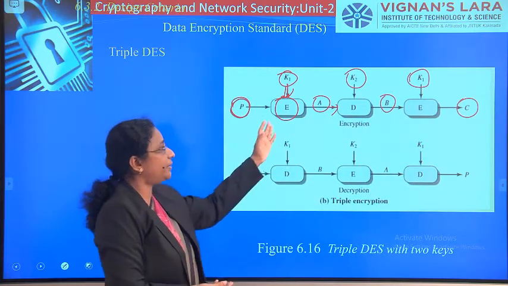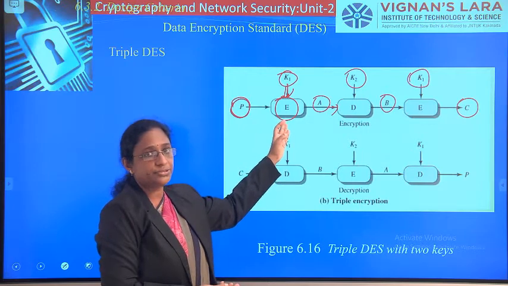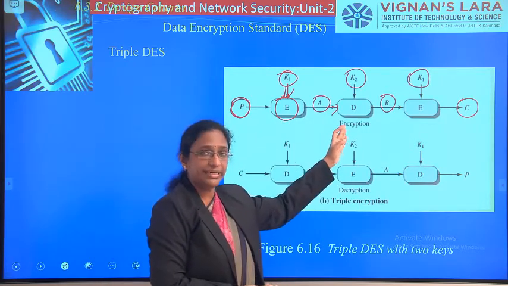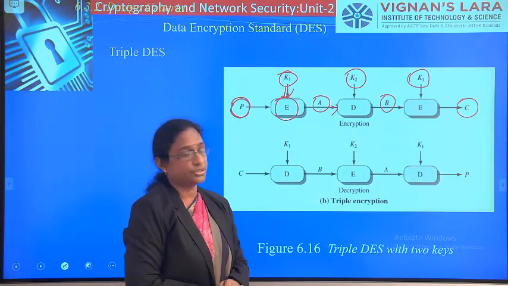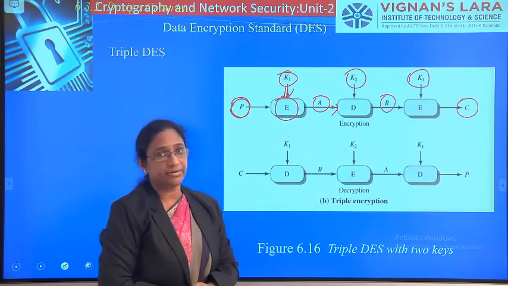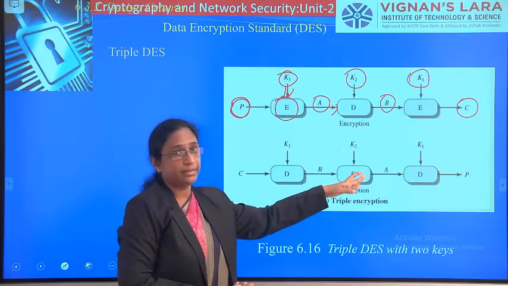So here we use one DES encryption, then DES decryption, and then again DES encryption. Finally we get a ciphertext, but the keys are different here.